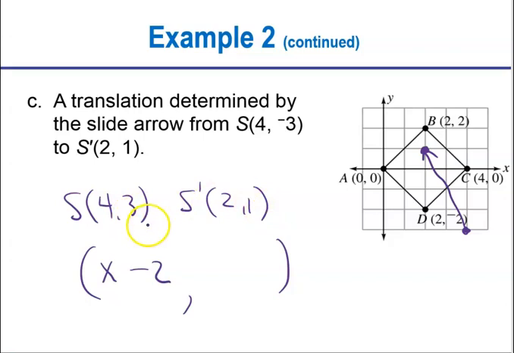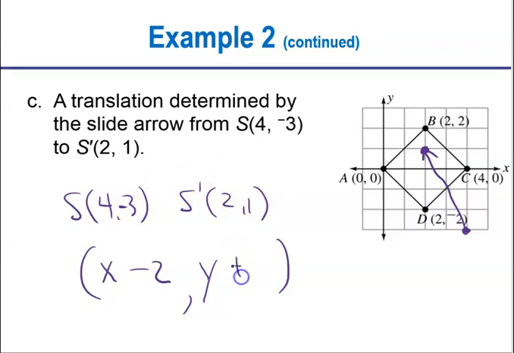So that would be y minus 2. All right, I knew this wasn't how this was supposed to come out. I have a typo. Notice it was negative 3. Negative 3 to 1 is not subtracting 2. Negative 3 to get up to 1 is actually adding 4.